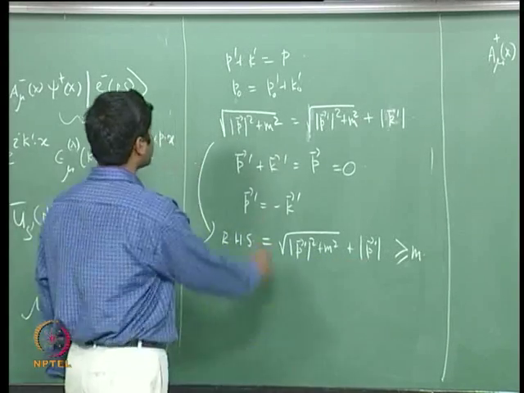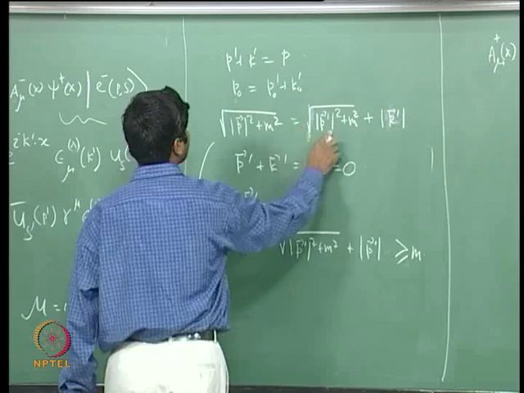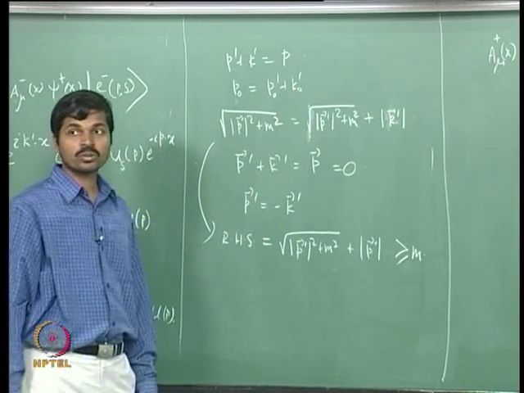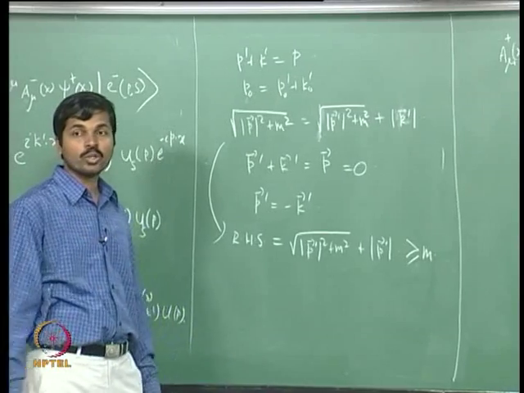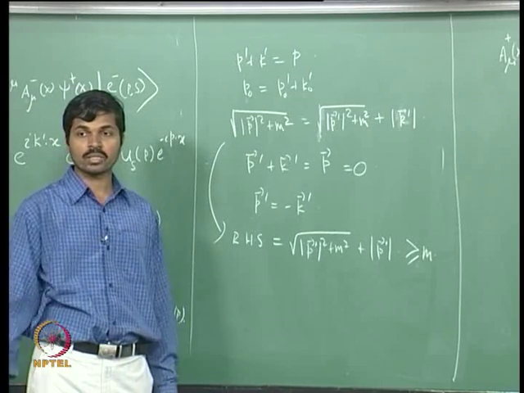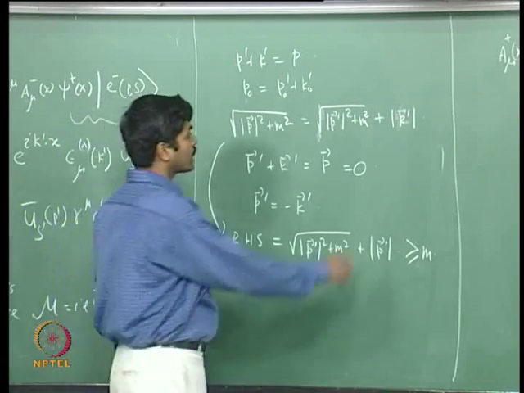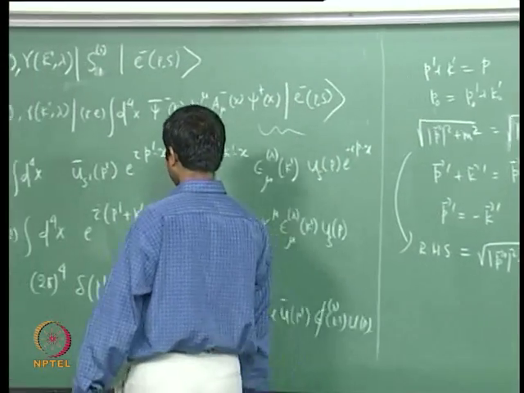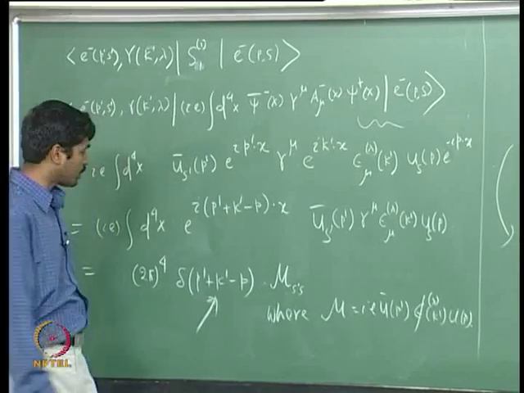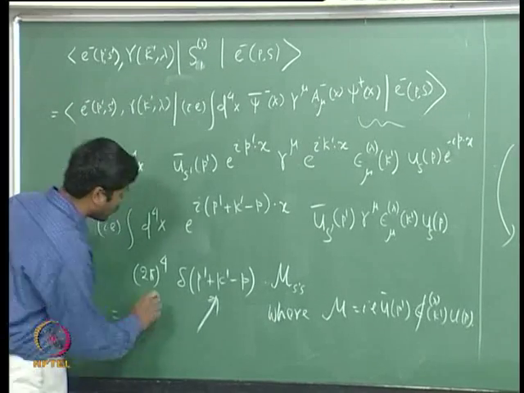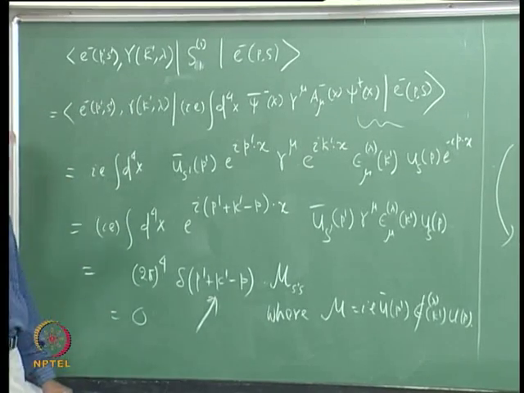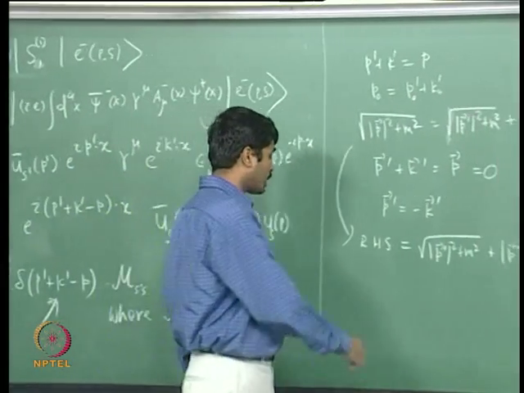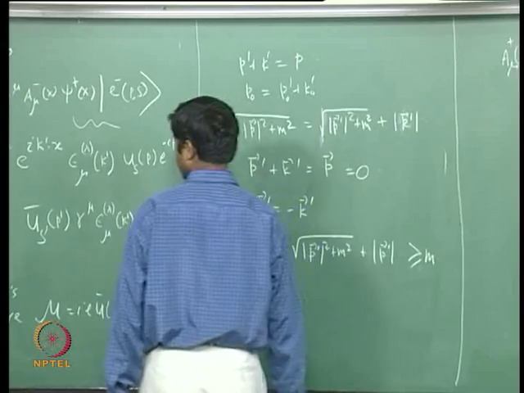So, therefore, this will be satisfied only when p prime and k prime are equal to 0, or in other words, when there is no outgoing photon at all. For k prime non-zero, this will not be satisfied. Therefore, because of the delta function, this amplitude is always 0 for any outgoing real photon.